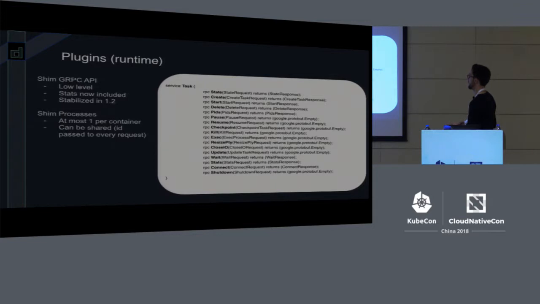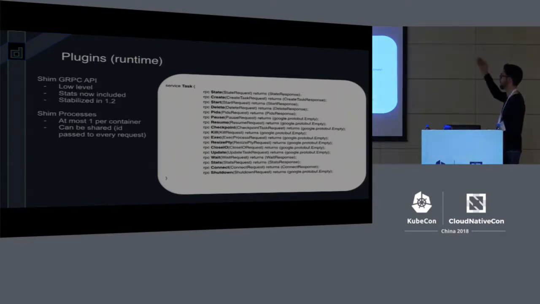So the main feature here is stabilization, but we also added a stats API, whereas previously in Containerd 1.0 and 1.1, to get stats, you would have to talk to cgroups on the host, which, as you can imagine, is problematic when you're running inside of a VM. You can't make use of those stats.